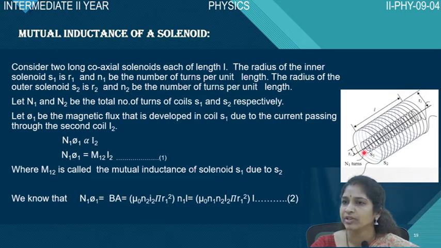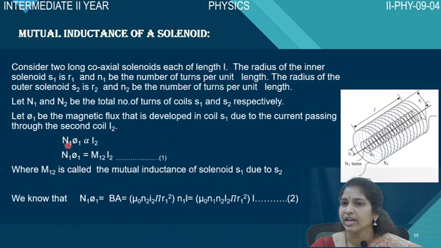So first, let phi1 be the magnetic flux developed in coil S1 due to the current I2 passing through the second coil. Because of the current passing through the second solenoid, flux is developed in the first solenoid. That is mutual induction.